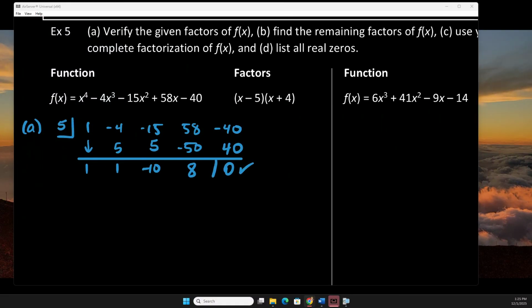Verify it when you do the division and you get a remainder of 0.